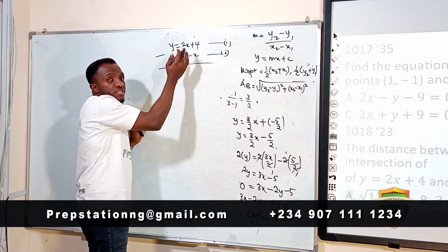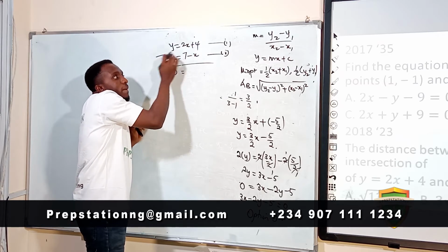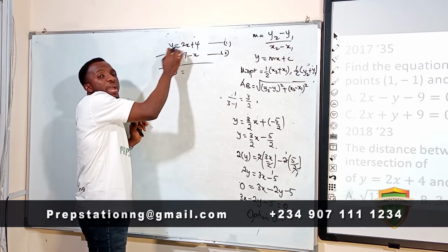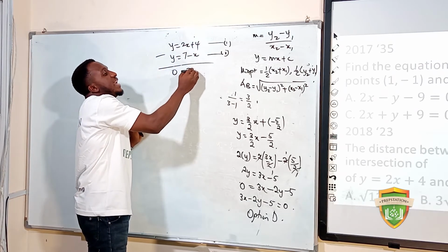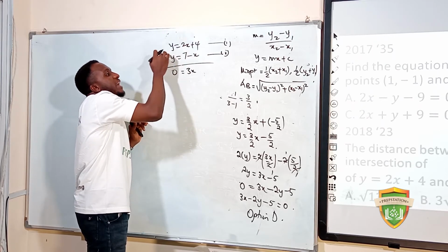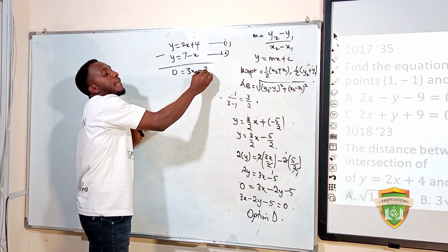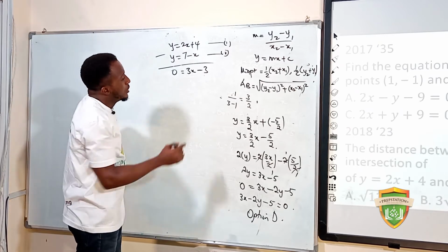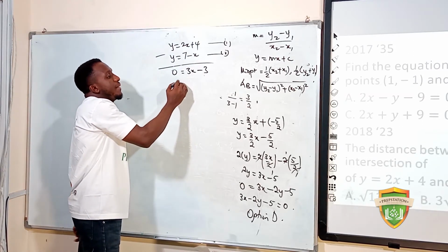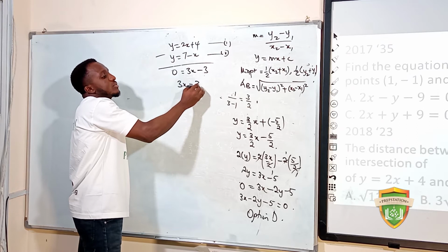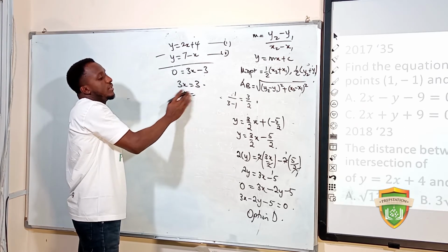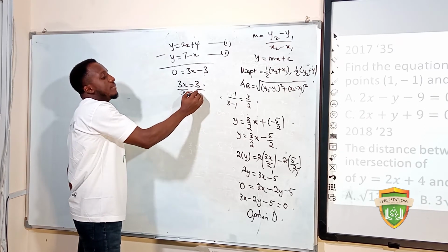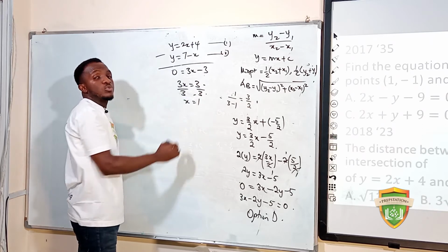You can rearrange it, but it's fine. 2x minus x. That is 2x plus x. That will give you 3x. And then 4 minus 7 is minus 3 because 7 is greater than 4. So look at this. Send 3 over here. That leaves us with 3x equals to 3. So x is, if we divide both sides by 3, x equals to 1.